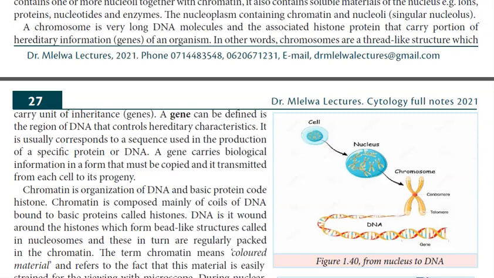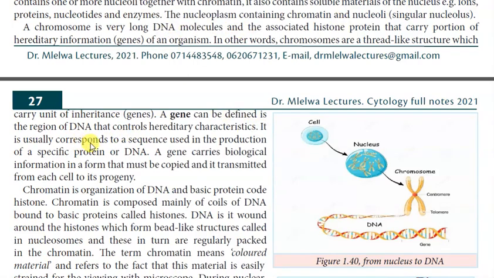Kwa hiyo tunavyoona nywele za mtu ni nyeusi au tunavyomwona mtu ni albino, ni kwa sababu kwenye kipande cha DNA yake kuna kipande ambacho kinasema skin color isiwe black, skin color iwe na rangi fulani. Unaona, ndio tunakuja kumwona mtu ambaye ni albino. So an albino, it's not because yeye ni albino, it's because of the skin color, ambayo kuna piece of DNA which control the characteristics of skin color inamfanya mtu awe albino.